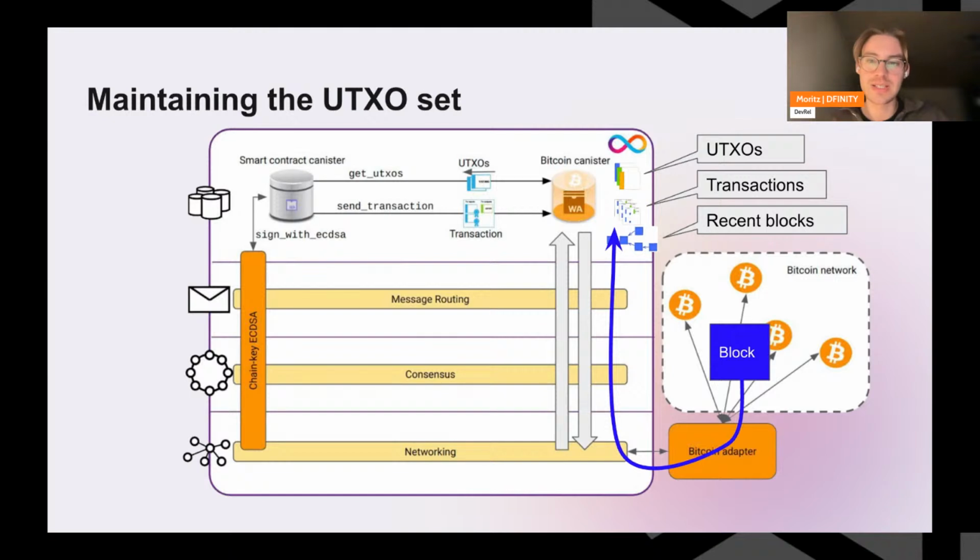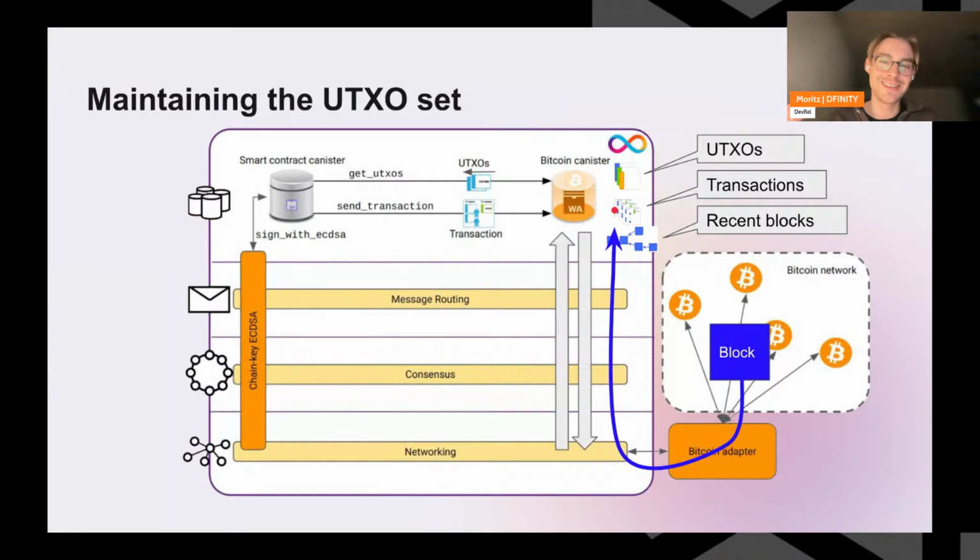So this on-chain UTXO set is managed by the Bitcoin canister and the Bitcoin adapter communicating through the internet computer's protocol stack. The process here starts with the Bitcoin canister requesting successor blocks to the latest block that it received from the Bitcoin adapter. And then the Bitcoin adapter, running on each replica of a subnet, obtains the latest block from the Bitcoin network.